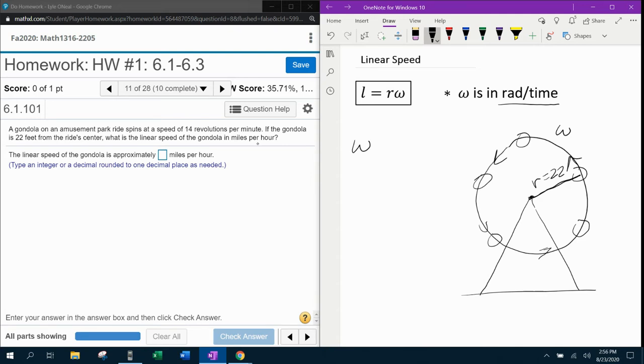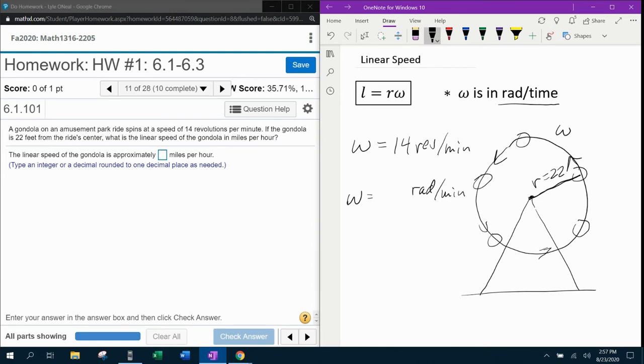Our angular speed, remember this is omega, is 14 revolutions per minute. We want that angular speed to be so many radians per minute. We're going to have to convert that to radians per minute.